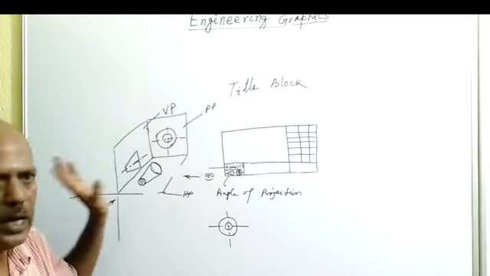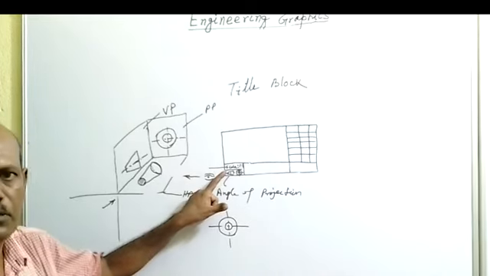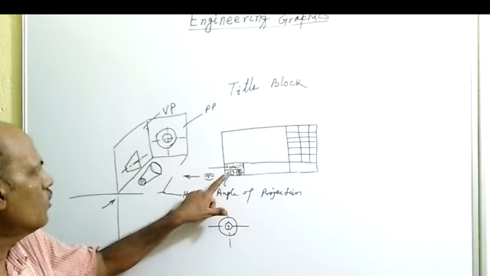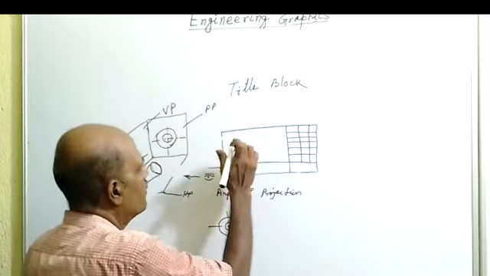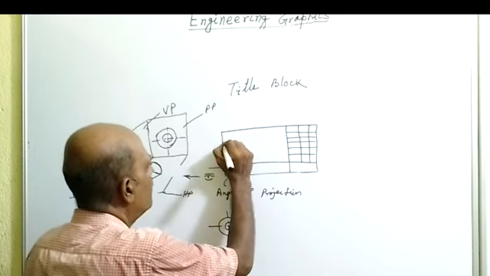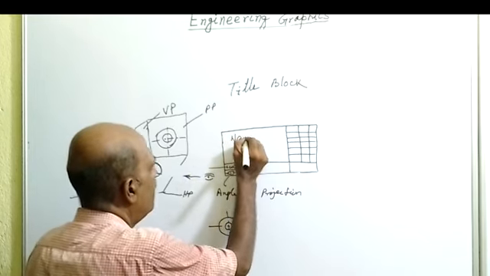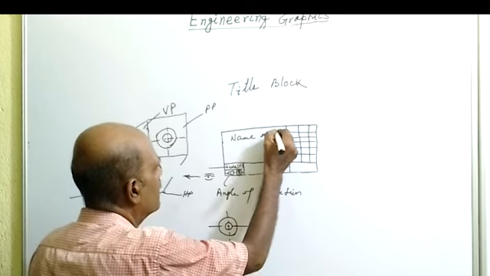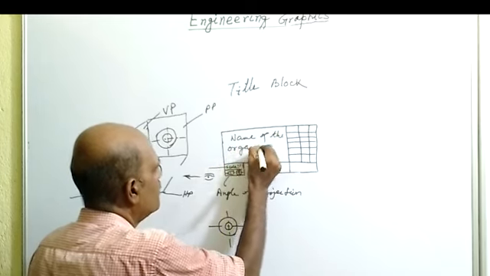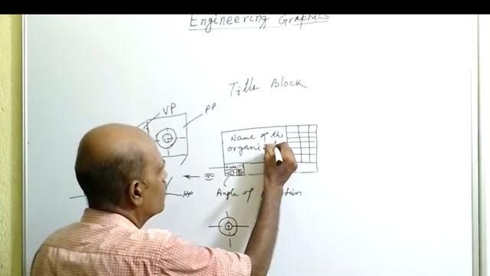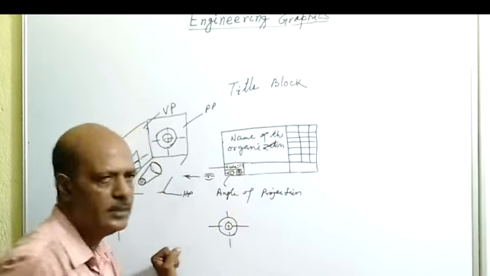The information of angle of projection will be available in this box, and here in this space the name of the organization will be written.